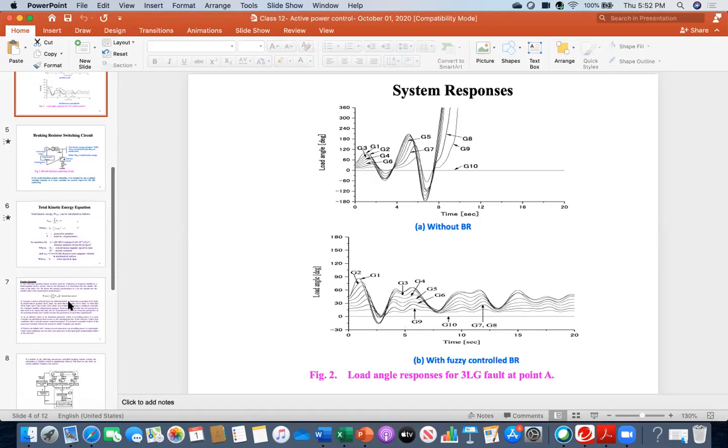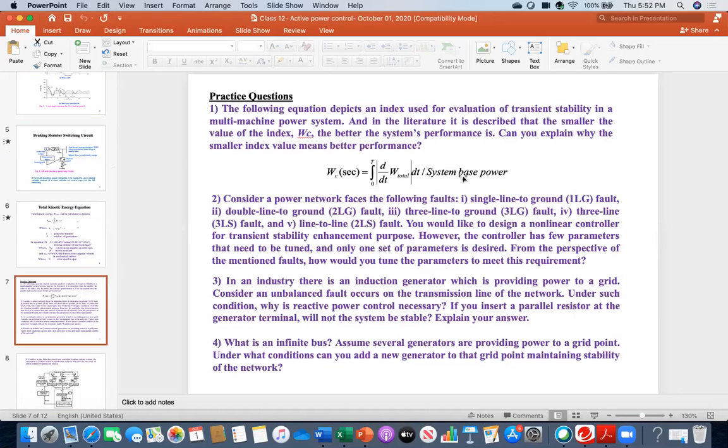So therefore, this is one equation to evaluate the transient stability of a large power network for a multi-machine system. You should keep this equation in mind. What is that equation? WC in seconds, and W total, the total kinetic energy that we discussed, d by dt. This means time derivative.